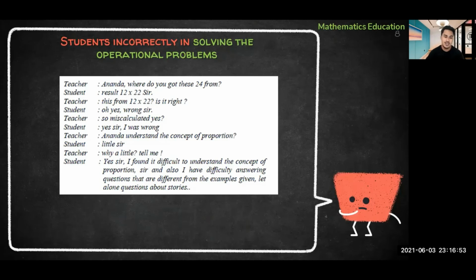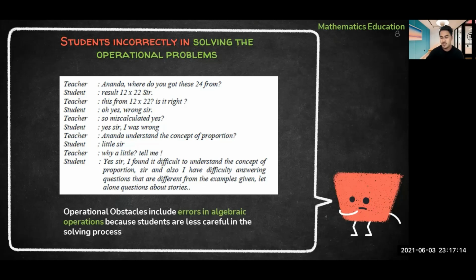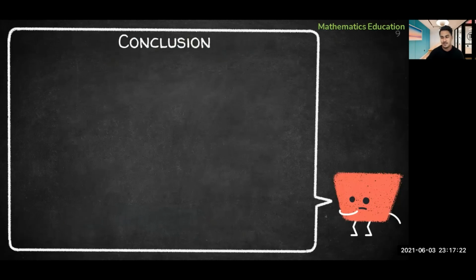This answer is not correct, and the student says yes, I was wrong. Operational obstacles include errors in algebraic operations because students are less careful in the solving process.